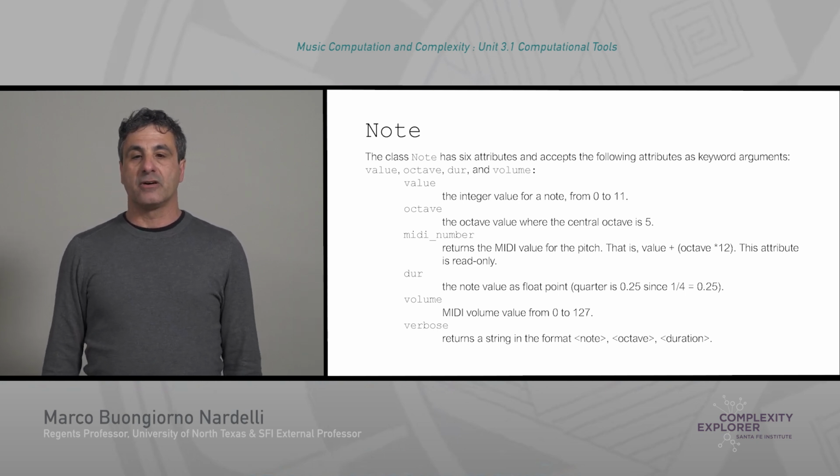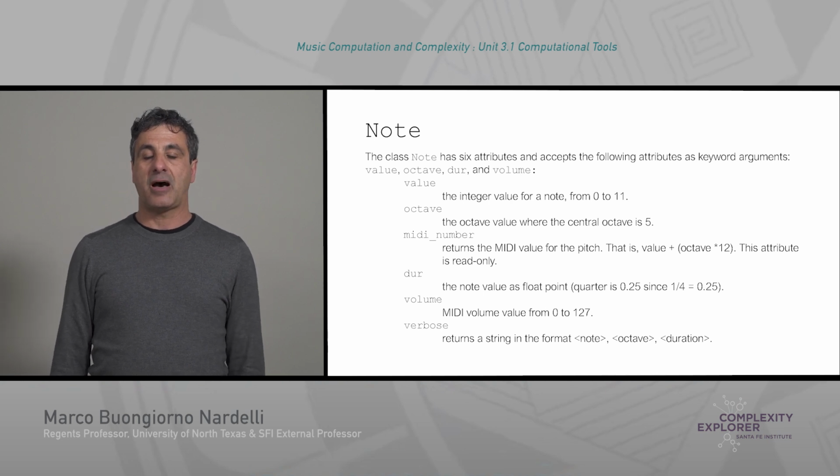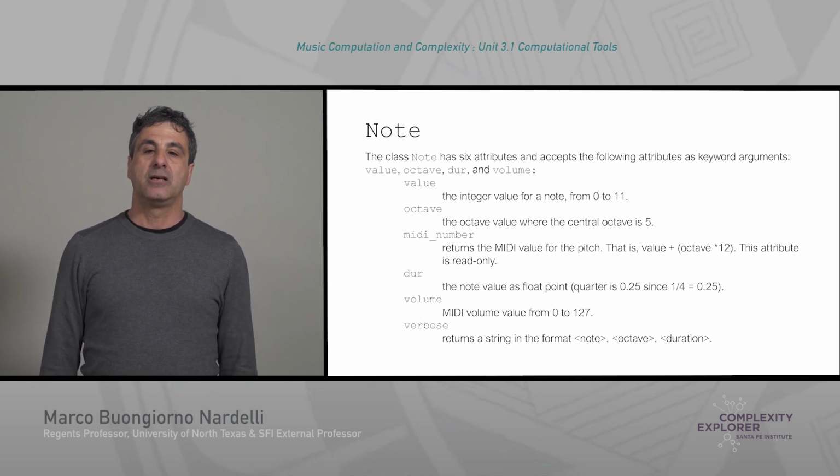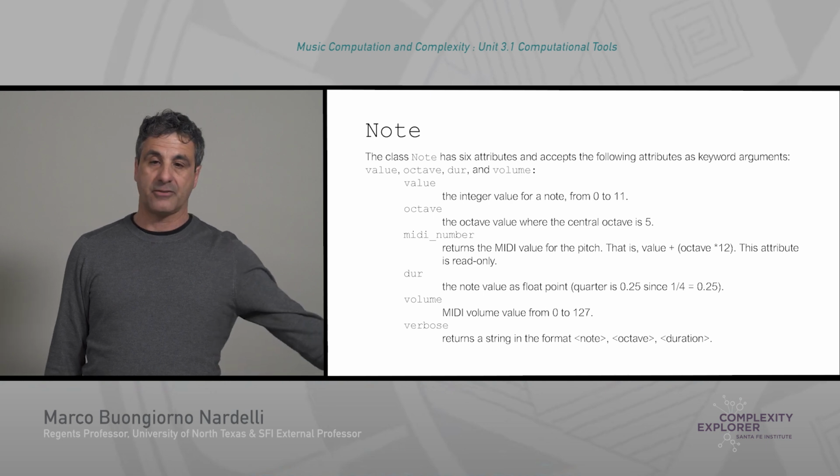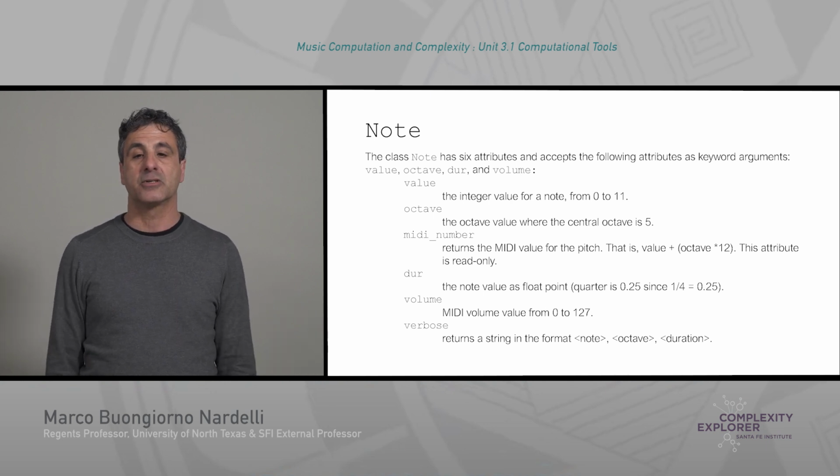If you look at the graph on the right, you see a mapping of the piano keyboard in terms of MIDI numbers. MIDI numbers go from 21 to 108, from the very left to the very right of the keyboard.